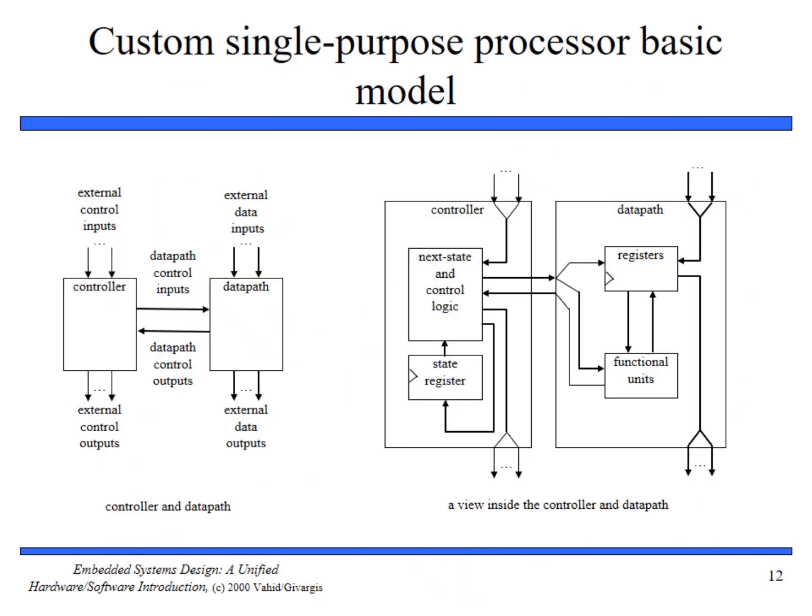So this is how a custom single purpose basic processor model looks. For now we have seen how we can transform sequential logic to combinational logic. Now we are going to look at the custom single purpose basic model. There are 2 important things: number 1, controller, number 2, data path. In detail, we have the controller and the data path.